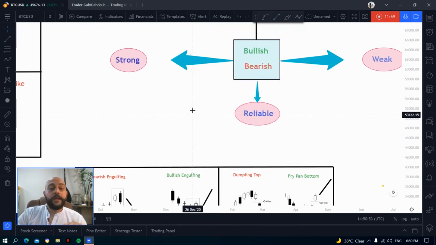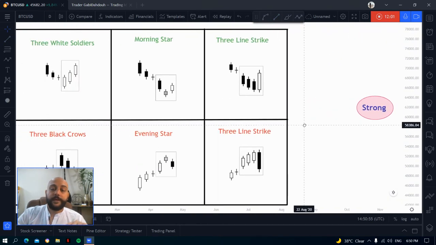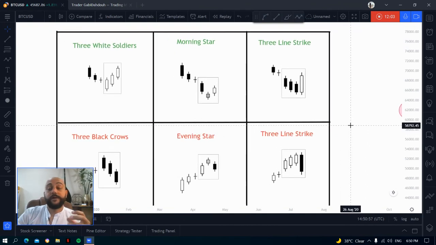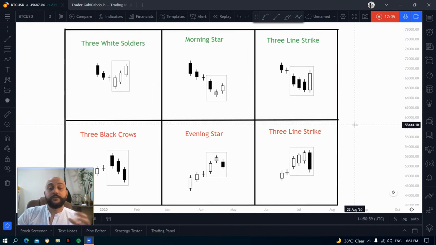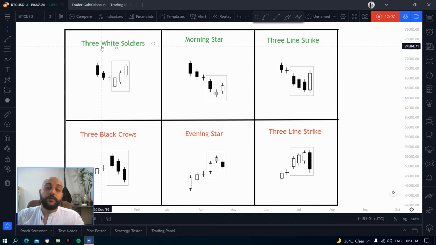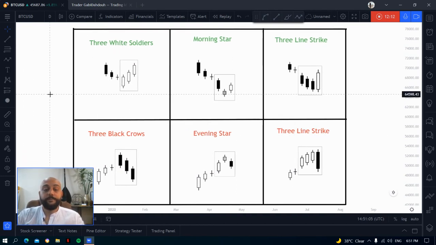All right. Now let's talk about our strong patterns. These are patterns that have a very high possibility for a reversal to happen in the trend. First one is called the three white soldiers, and the opposite of it is called three black crows. So we have a downtrend, then we have three big white candles or bullish candles.